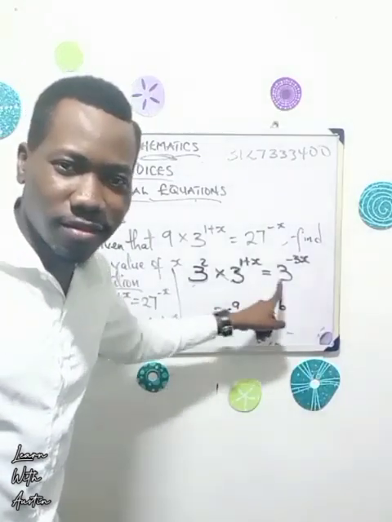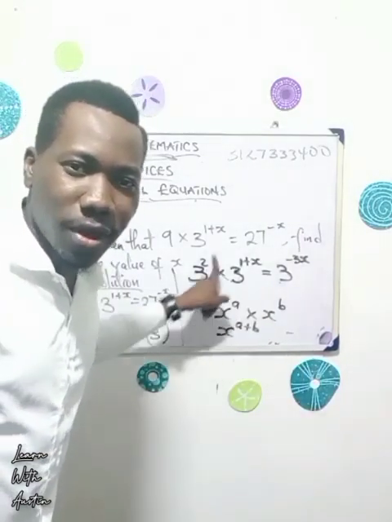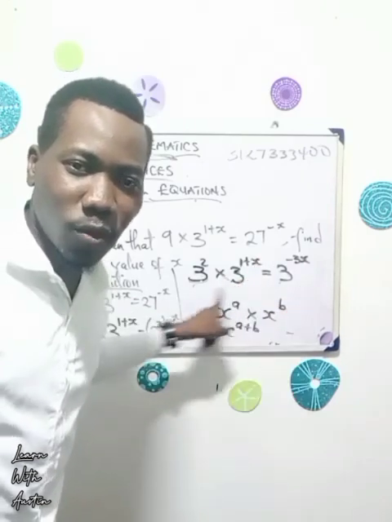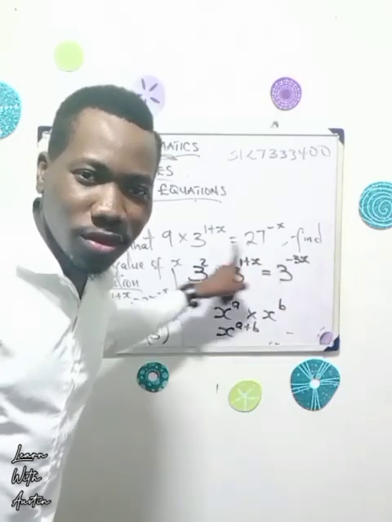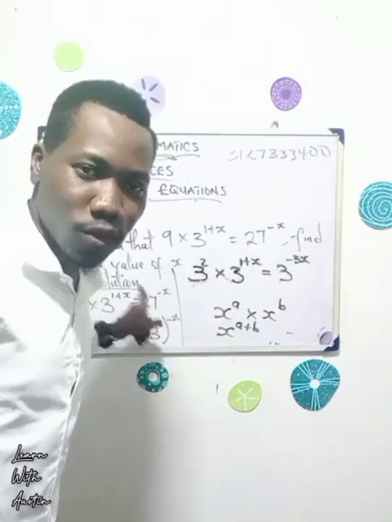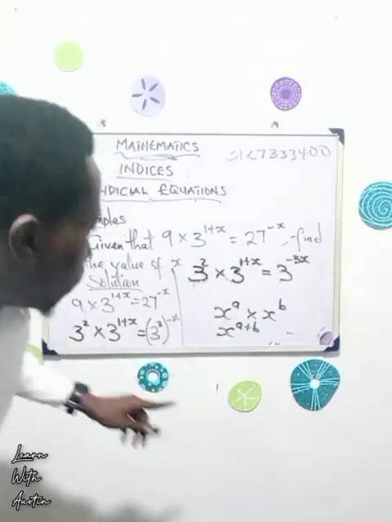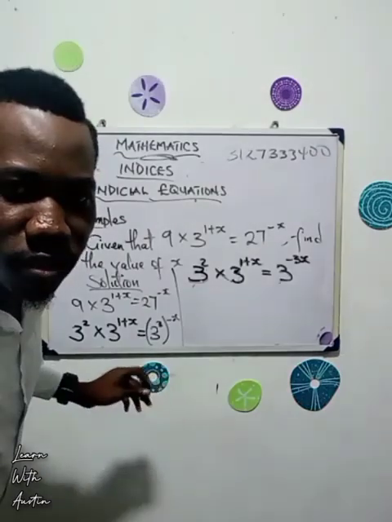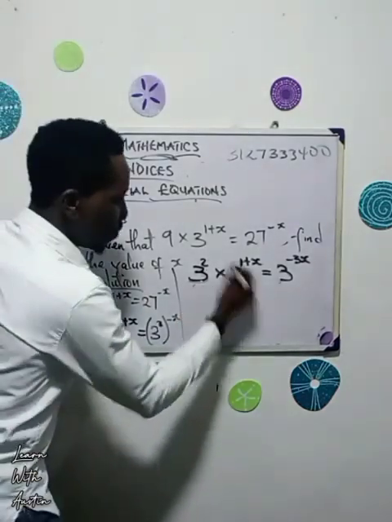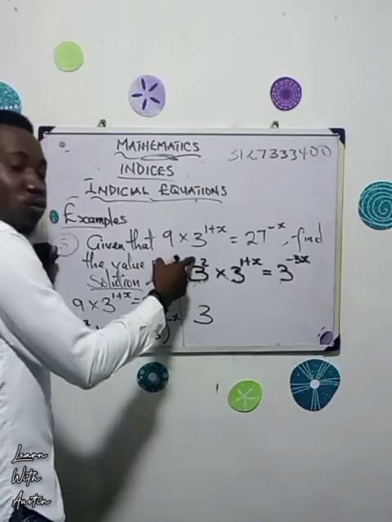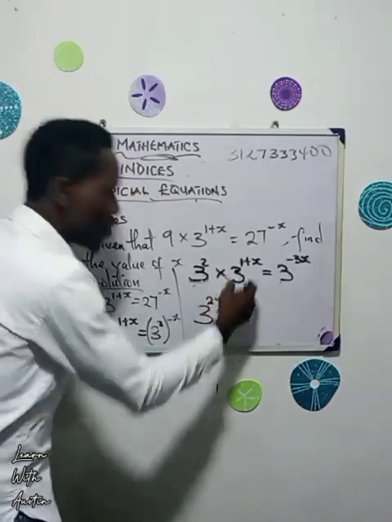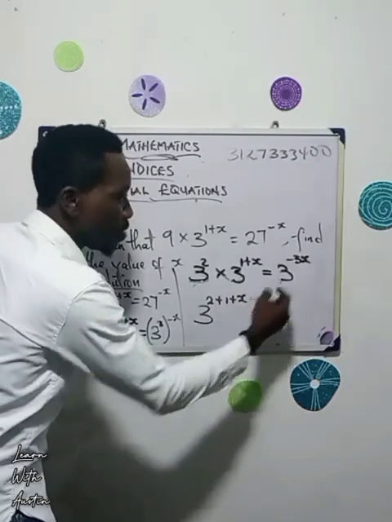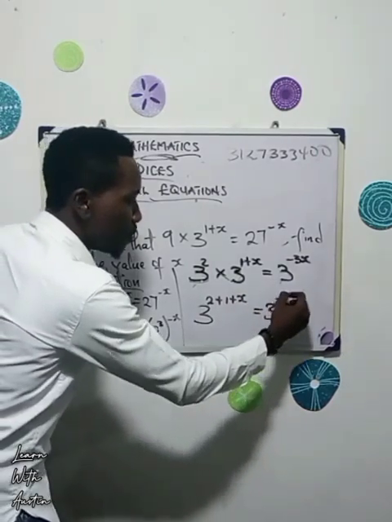So that's exactly what we're going to do here. Before we equate the powers, we need to deal with this first, just like we did in the number 2 example. So this will give us 3 raised to the power of 2 plus 1 plus x equals 3 raised to the power of minus 3x.